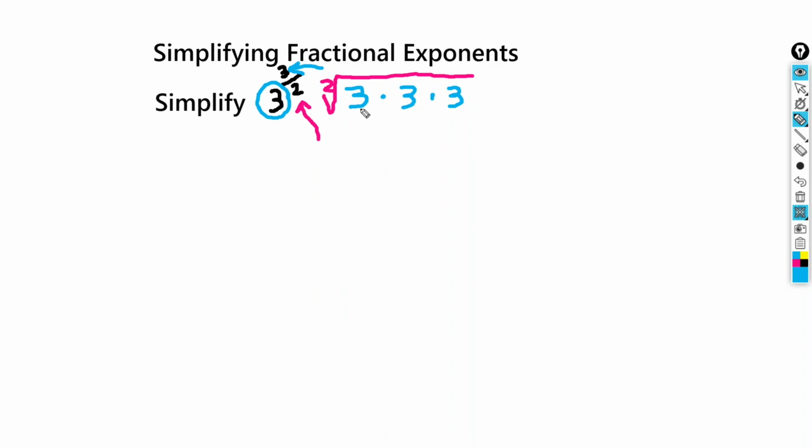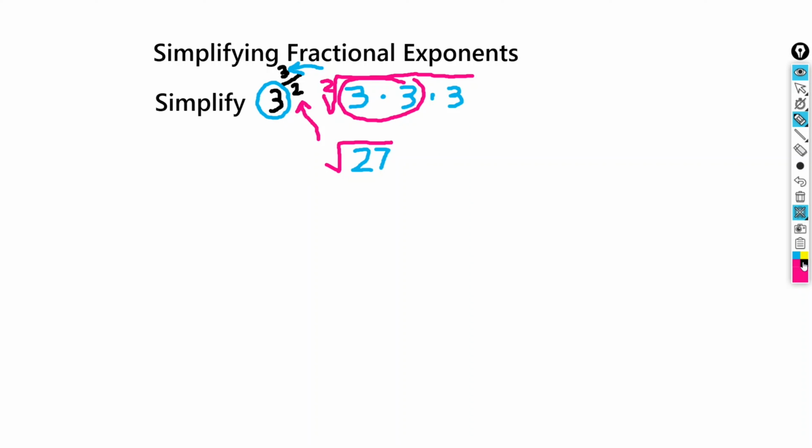So let's do first 3 times 3 is 9, times 3 again is 27. Okay, so we get 27. And we're going to take the square root of 27. So one way we can think about this is, how can we break this apart? Well, this 3 times 3 is 9.